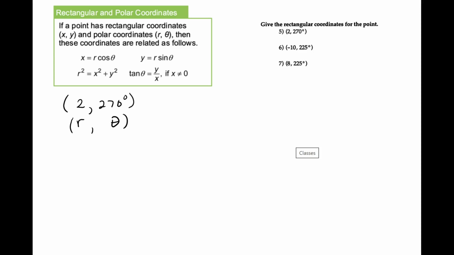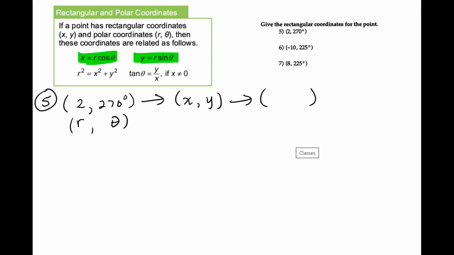have to do is pay attention to what the x value is and what the y value is, and that's fairly straightforward and simple. So let's see here. Number 5, let me put number 5 over here. This right here is looking for x and y.